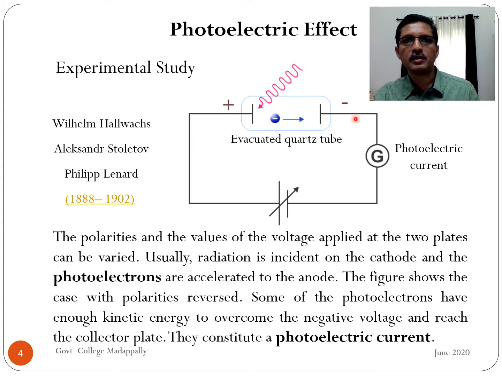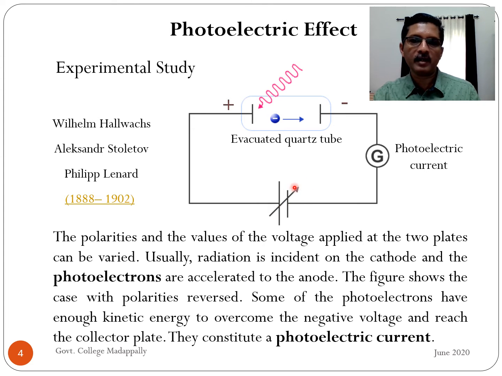The current will usually be very small, of the order of nanoamperes, so it has to be amplified to be measured accurately. Now, the voltage applied on these metal plates can be varied. Normally negative voltage will be applied here, so electromagnetic radiations are incident on the cathode, and positive voltage will be applied here, so electrons are accelerated to the anode.